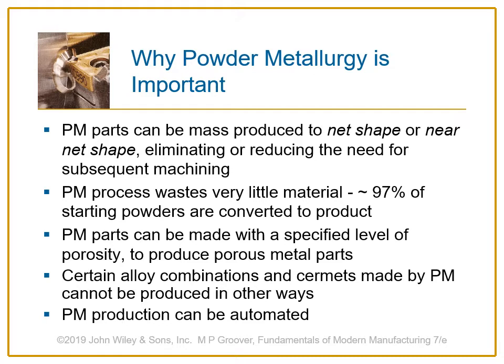Certain metals that are difficult to fabricate by other methods can be shaped by powder metallurgy. This is another advantage, and we must not forget to mention that certain metal alloy combinations and cermets can be formed by PM that cannot be produced by other methods.